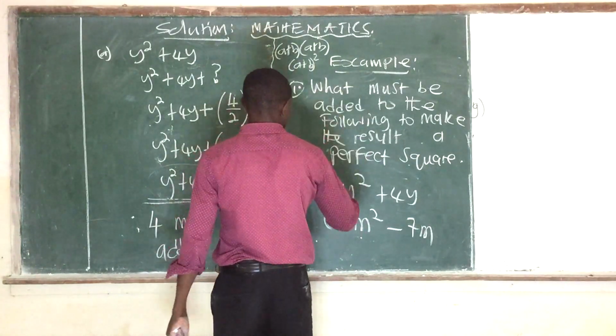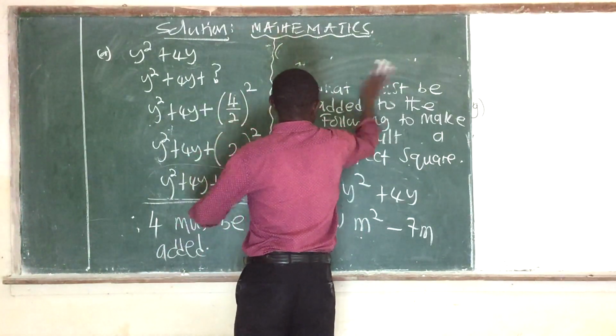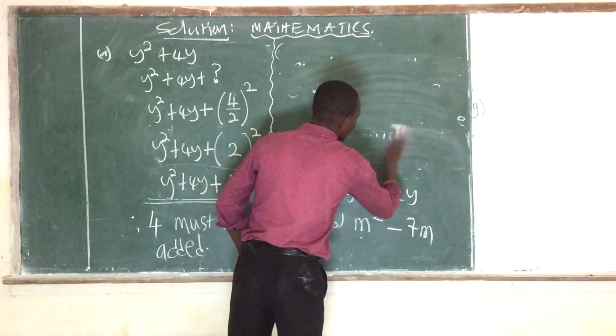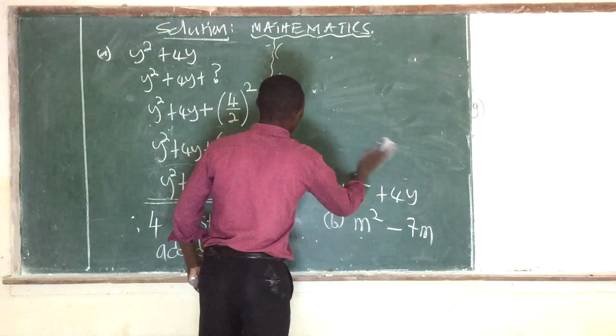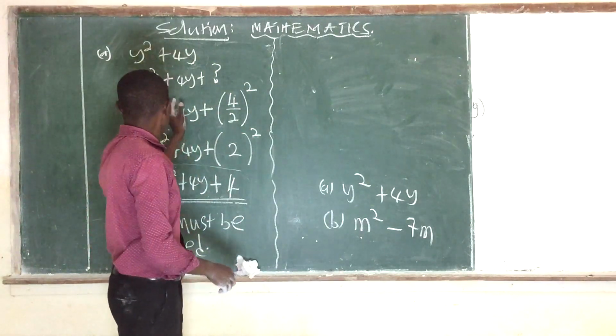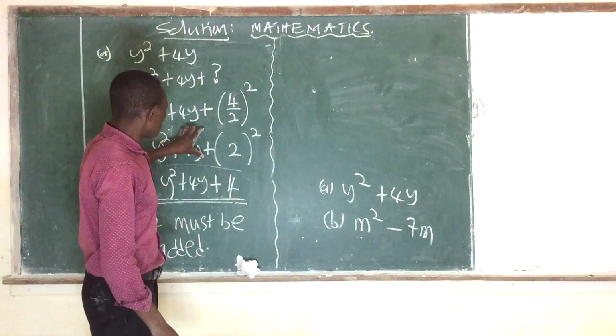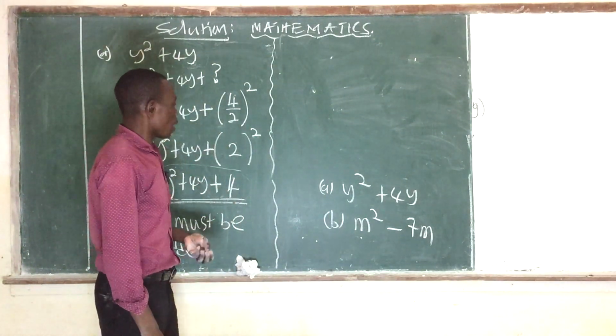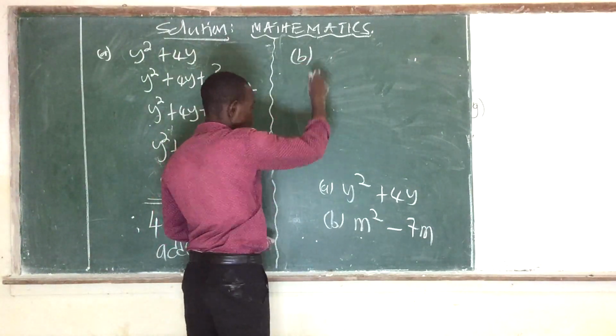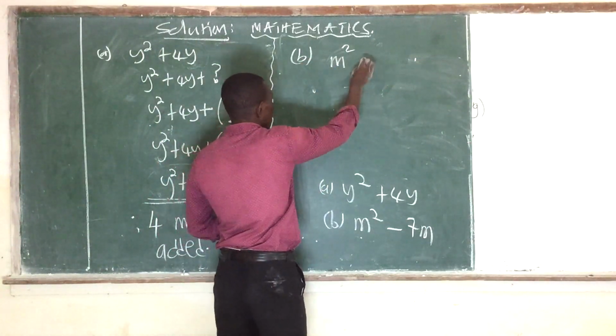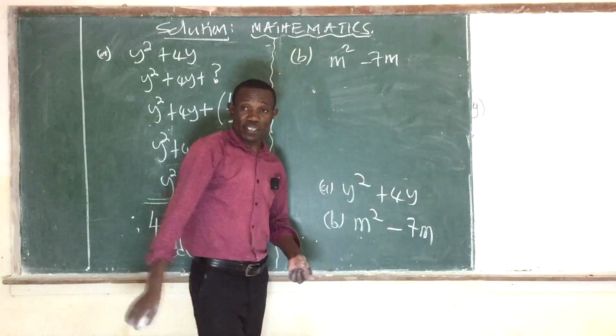Right. In example B, similarly, I think we're going to speed up with it. I'll talk of the procedure as explained in example A. So in B here, where we have m squared minus 7m, we'll do the same.